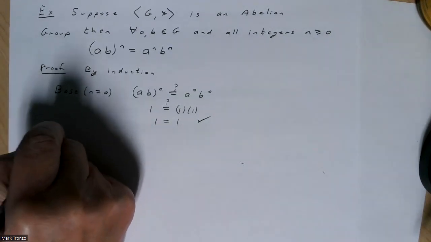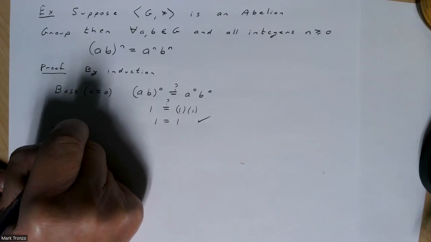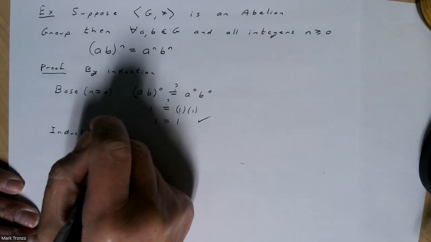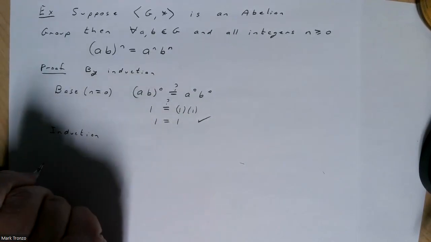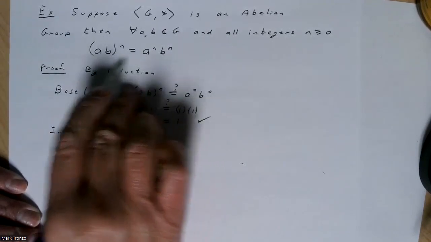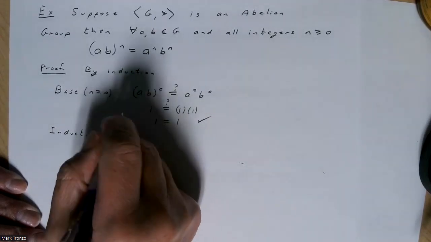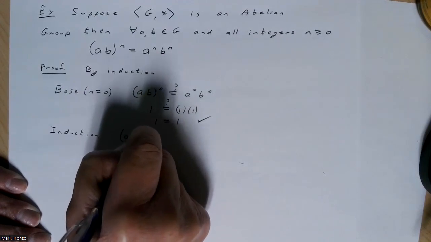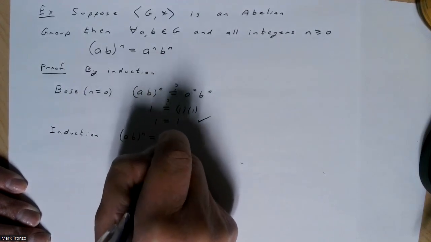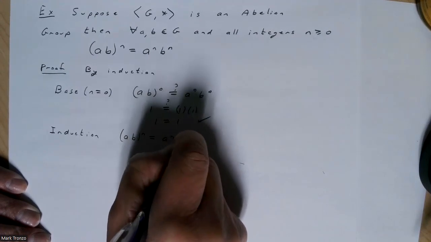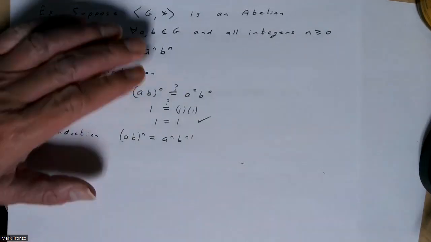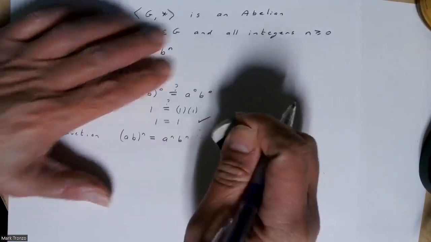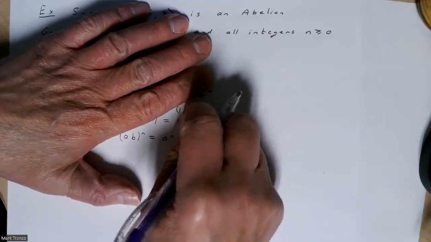Then the induction step. Remember, in the induction step, we're allowed to assume it's true for n, and then we want to prove that it's true for n plus 1. So we're assuming it's true for n, and if we can show that it's true for n plus 1, then we're done.